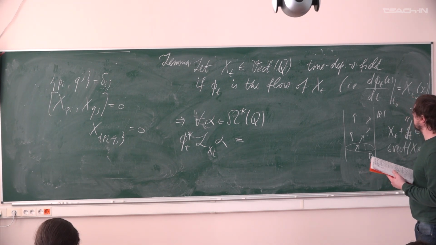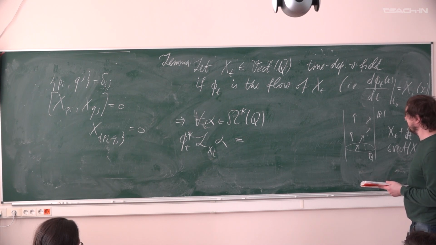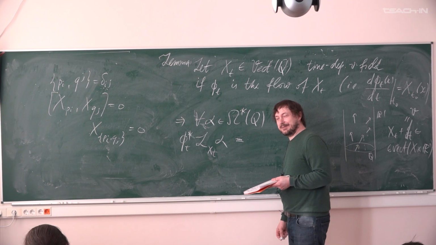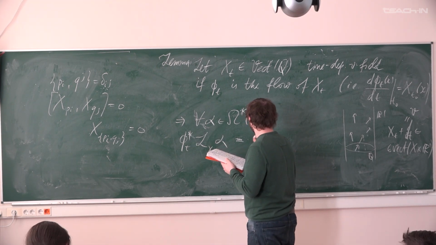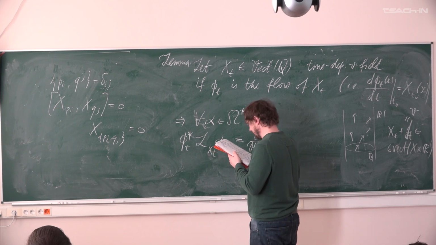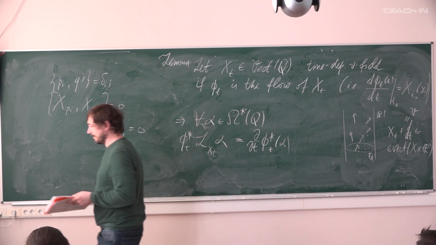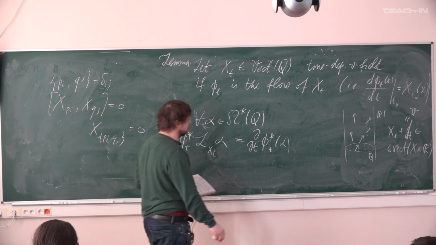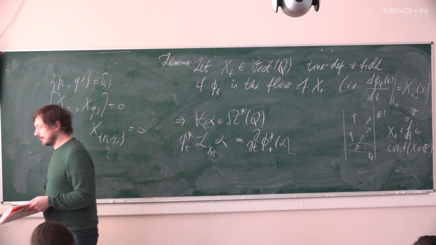I was going to speak about M, then I looked into my notes and there I use Q. So it's better to go from M to Q. This would be equal to d/dt phi_t^* of alpha. So this is the formula which I'm going to use.